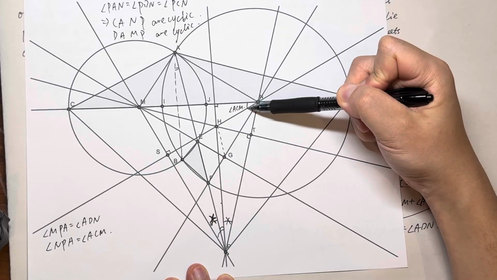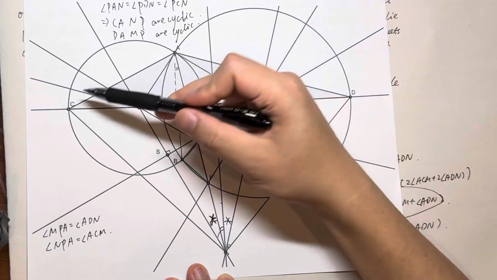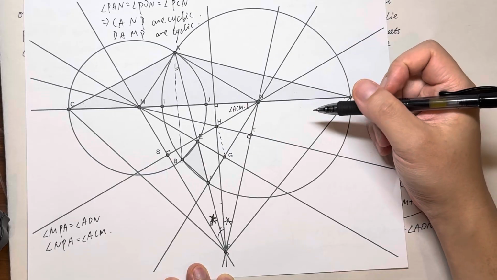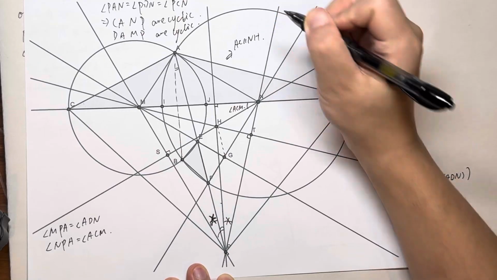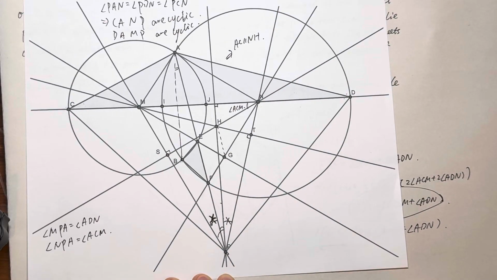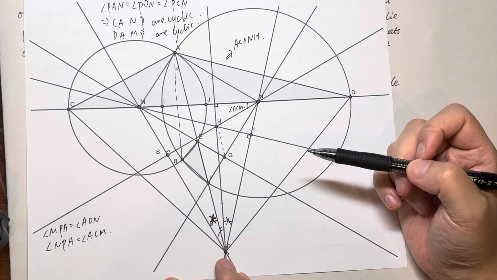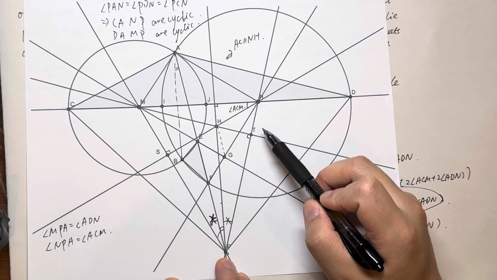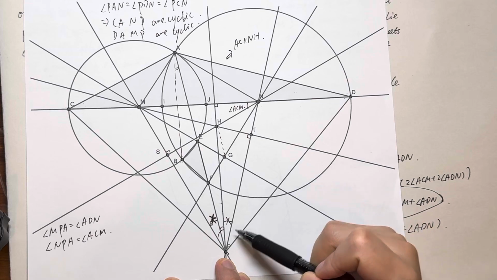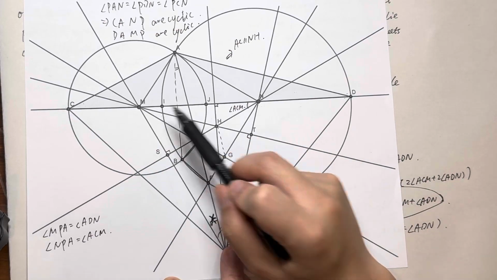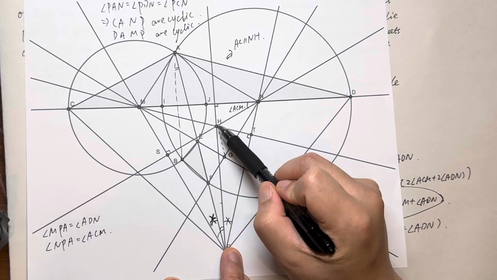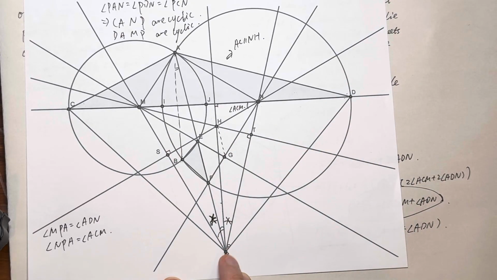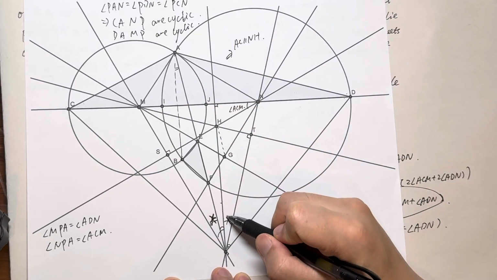Look at here, this one equals this one, which means AC is parallel with NH, right? So we get here, AC is parallel with NH. And also, what we have here for the angle NMH, this one, because this one equals this one, right?